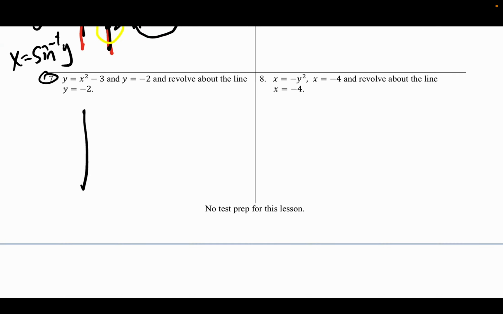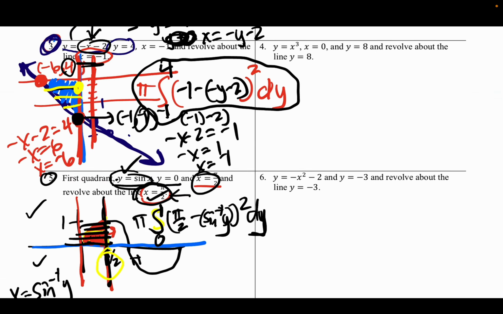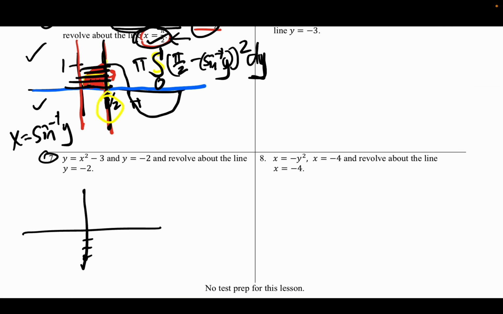All right, so we have y equals x squared minus 3. Are all of these set up but do not evaluate? Okay. Hopefully you could evaluate them. So you have x squared minus 3. They come like this. All right, and y equals negative 2. I think I maybe did this one in class.